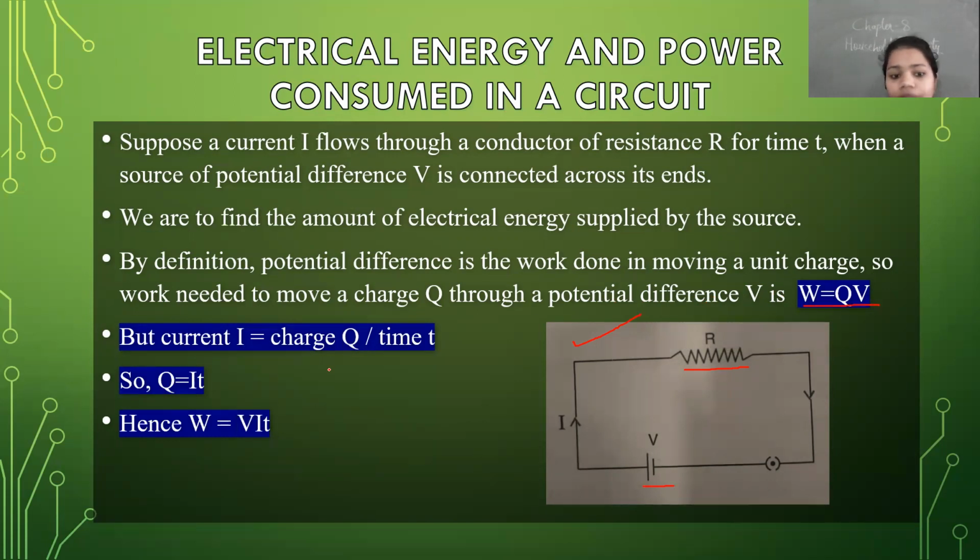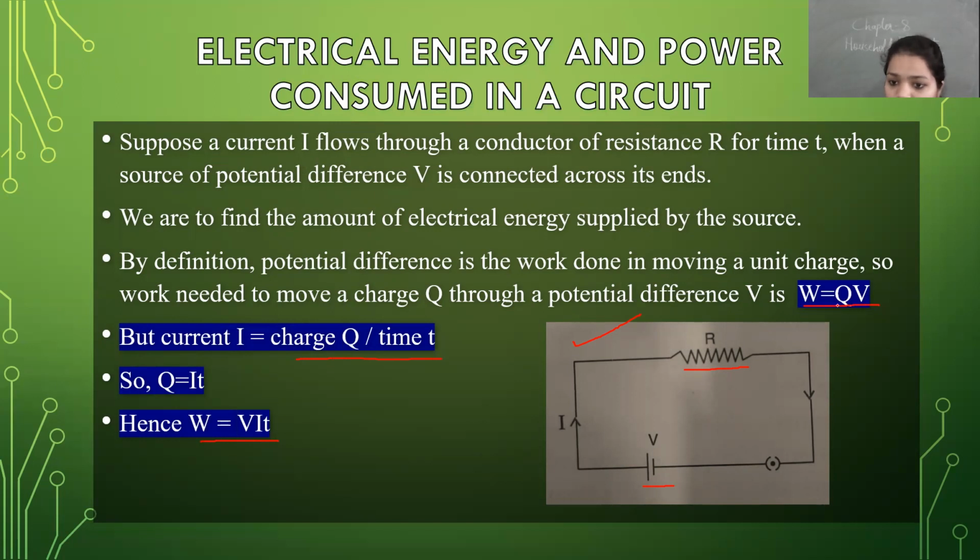But we already know that current is charge upon time, by definition. So we can say that W will be equal to VIT. We have the formula W, that is work done, is equal to charge into potential difference.